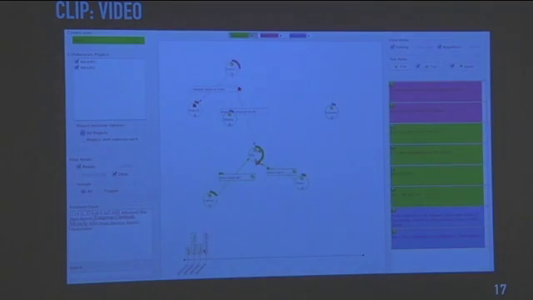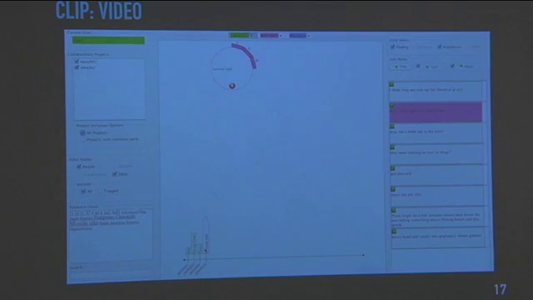CLIP allows analysts to record their findings in the form of a node-link graph and timeline, add evidence to keep track of where findings came from, and add free-form text to record hypotheses, questions, to-do lists, etc. Most importantly, CLIP automatically discovers and links common work to relate and integrate findings of different collaborators.